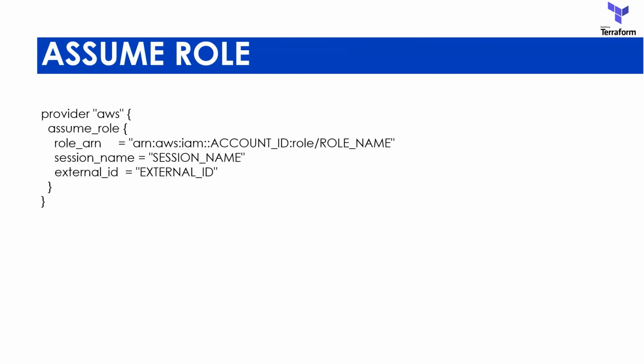Demo done. The fourth one is the assume role. You use this when you have multiple AWS accounts. In that case you use the assume_role attribute, with sub-attributes role_arn, session_name and external_id, where you need another AWS account ID, the role and the name of the role.